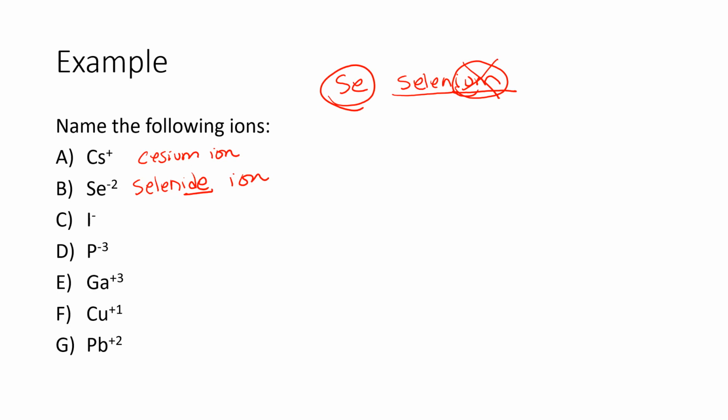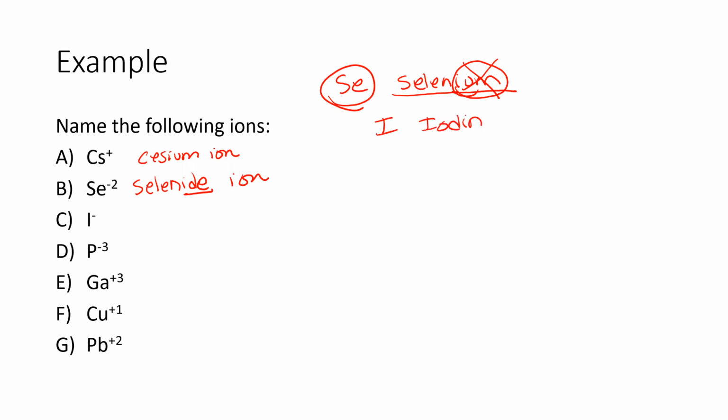And this can be tricky sometimes with the spelling. So you've got to be really, really careful. Now, see how the cation, I left it exactly the same and just added the word ion. But for the anion, I changed the "ine" or whatever ending to the "ide" ending. So let's look at iodine here.